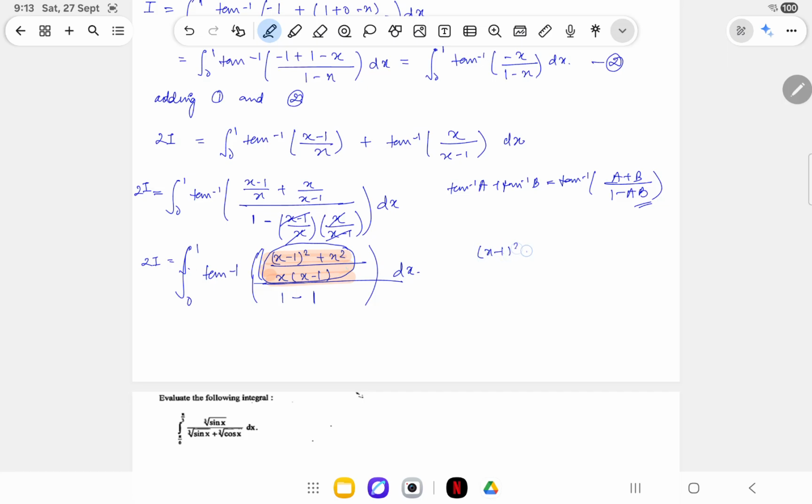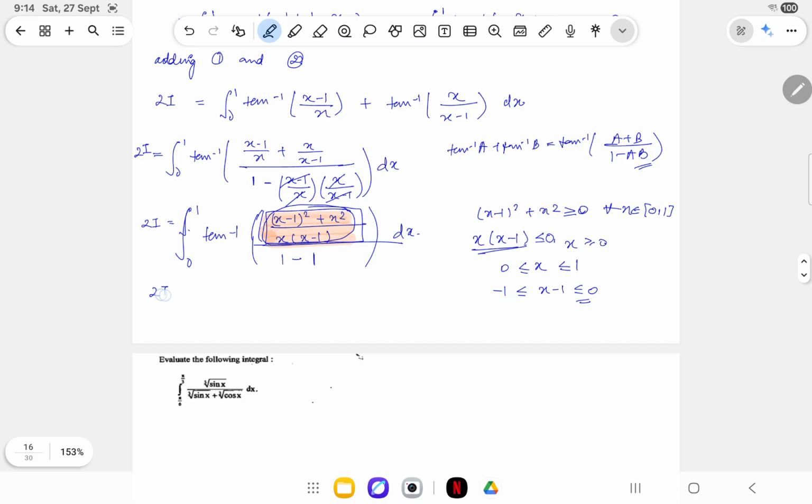So (x minus 1) square plus x square will be greater than or equal to 0 for all x in the closed interval 0 to 1. But let's check the sign of x into (x minus 1). x is greater than 0. If x lies between 0 and 1, then x minus 1 will lie between minus 1 and 0. So the sign of this term is less than or equal to 0. So the combined sign of this term will be less than 0.